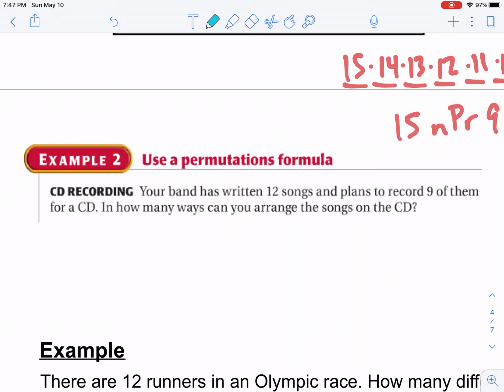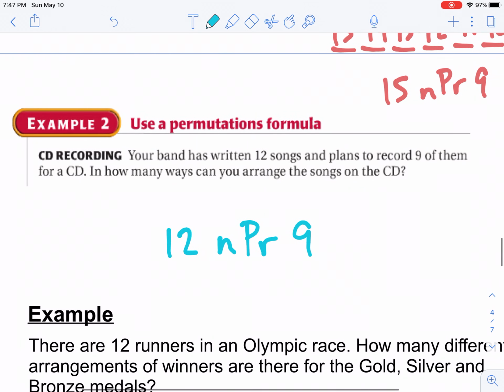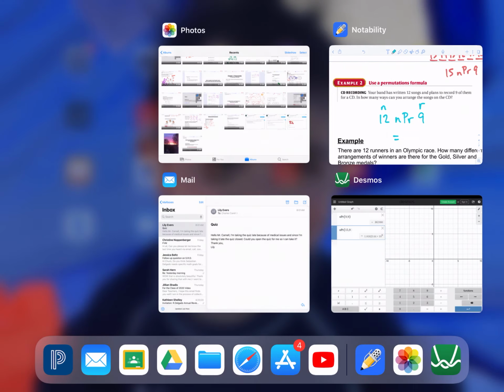So what order would the songs come in? If they're recording 12 songs, but they only want to put 9 of them on the CD, you would do 12 nPr 9. So you have 12 overall choices to choose from. You're only selecting 9 of them. This is the n, this is the r. So 12 nPr 9 in your calculator. And this will tell you how many different ways you could put 9 songs in order on a CD.